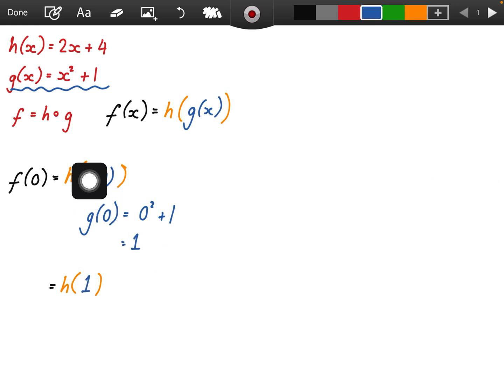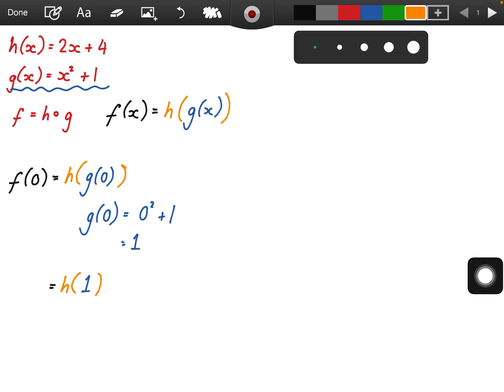Whatever my output of g with an input of 0 is, in this case 1, that is what I'm going to now use as my input for h. It was my output for the last one, and we're working backwards through the letters. So now it is my input for h.